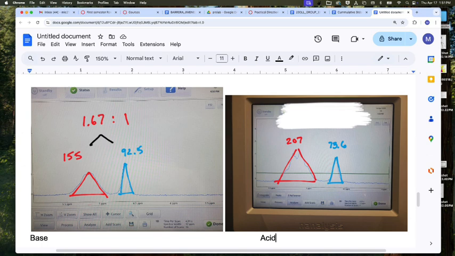I heard 2.8. We don't need to worry about sig figs, and we probably shouldn't be worrying about sig figs holding a ruler up to our projector screen, for the record. Okay, so what does this mean?